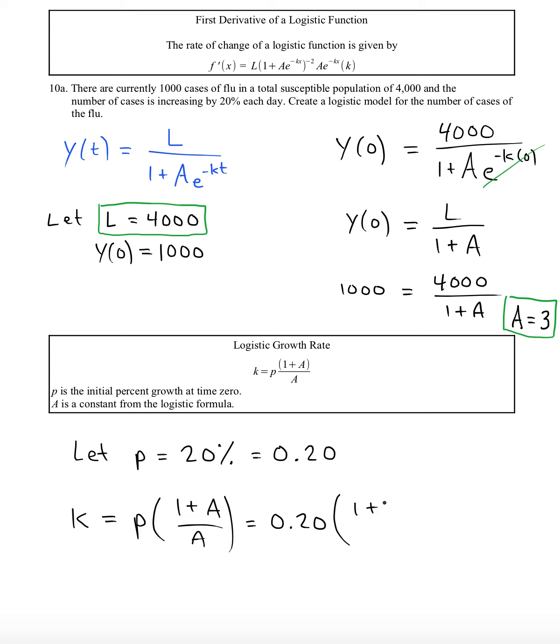We'll do 1 plus 3 over 3 because our A is 3. Okay, and I get approximately 0.267.